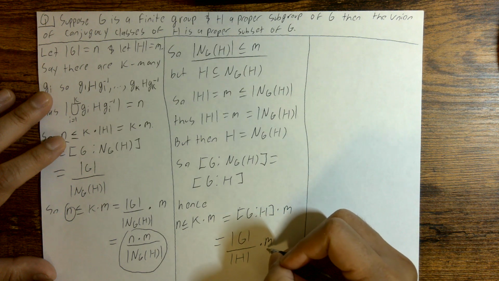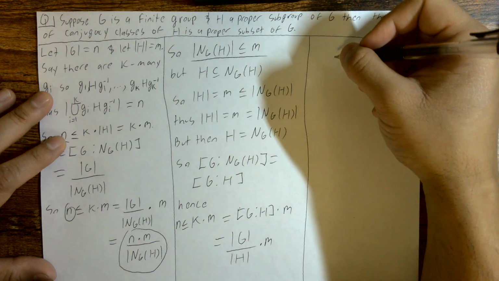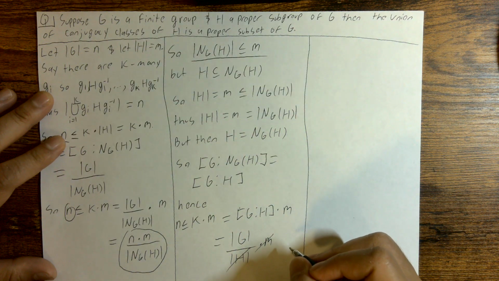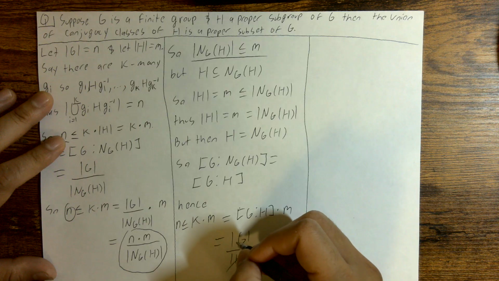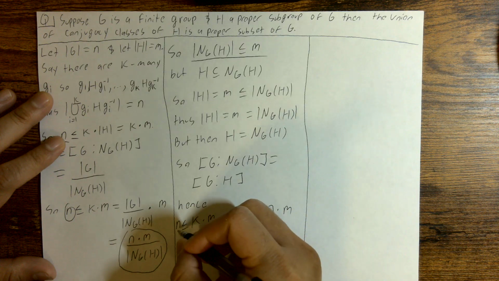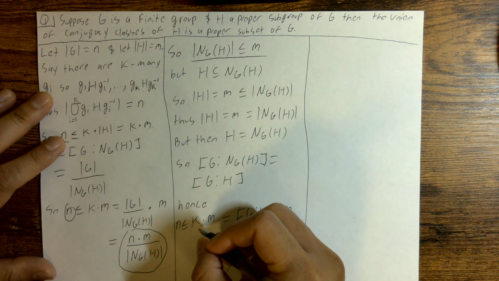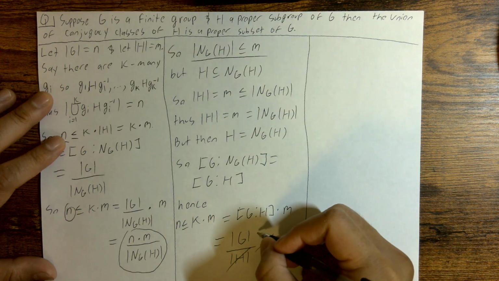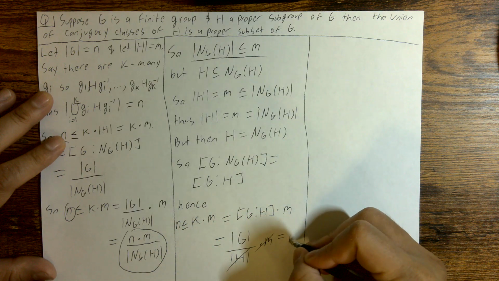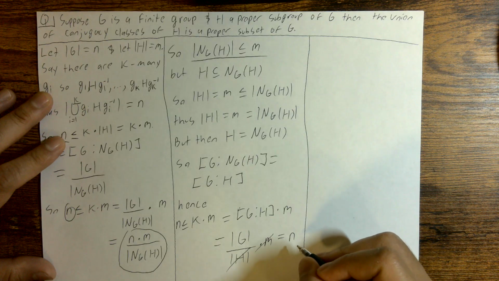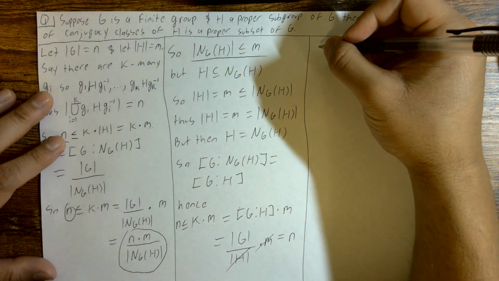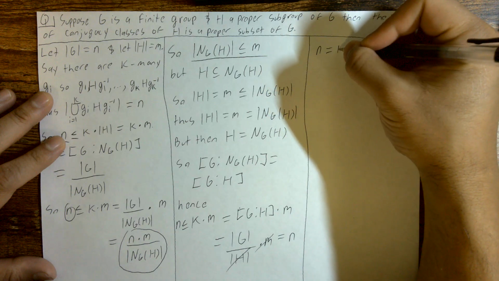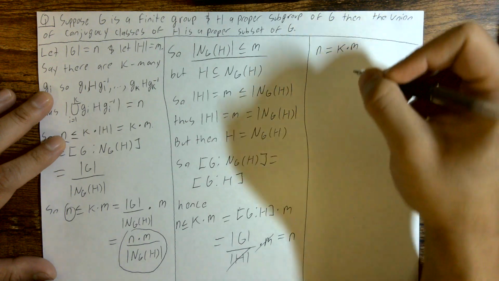But again, m was the size of H. So we get that n is less than or equal to k times m, which is equal to the size of G, which was n. By this sandwiching, n is equal to k times m.